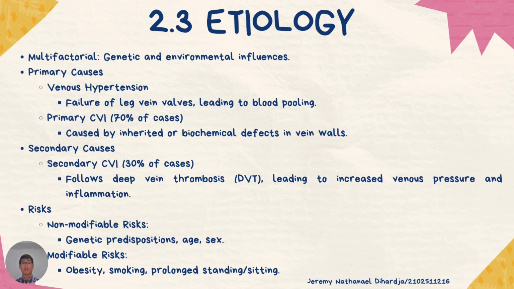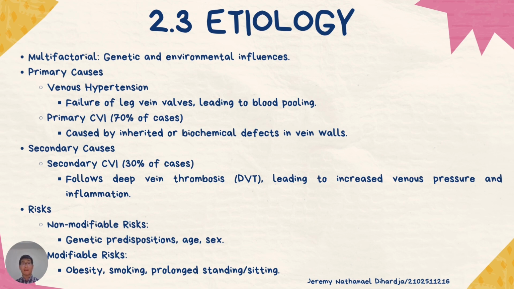This situation results in increased venous pressure, vessel dilation, valve incompetence, and eventually venous reflux, exacerbating the condition. CVI can be categorized into primary and secondary forms. Primary CVI, accounting for about 70% of cases, often stems from inherent issues in the venous system like genetic defects or chemical imbalance. This leads to structural weaknesses, making the veins prone to dilation.